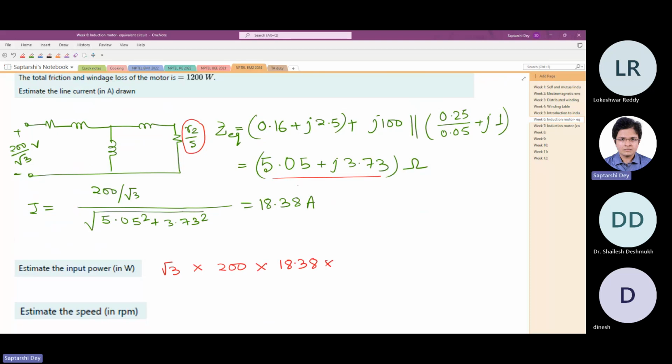So if current is flowing like this, then this is IR.